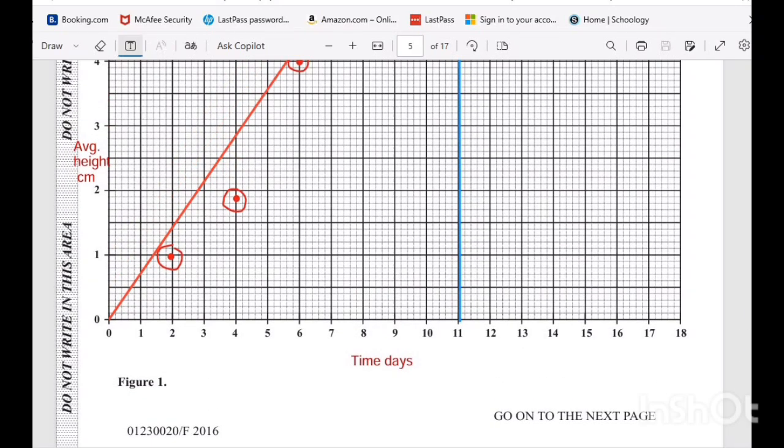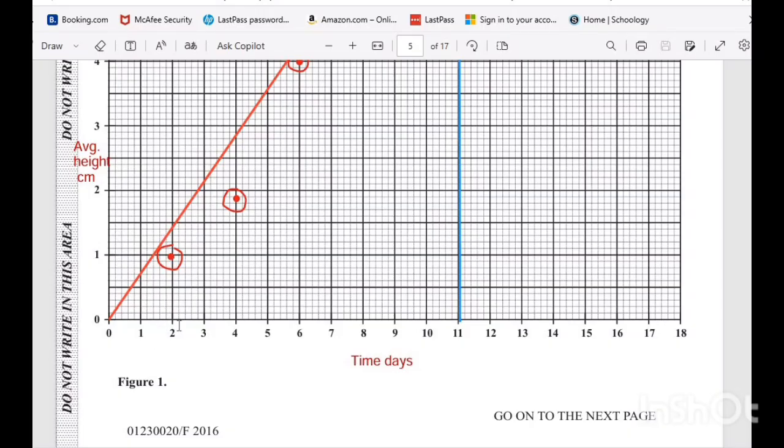So we're going to plot the points. If you're looking at the table, it says that on day 2, the plant was at an average height of 1 centimeter. So remember how we find our points. You find where they intersect on the y and the x-axis.